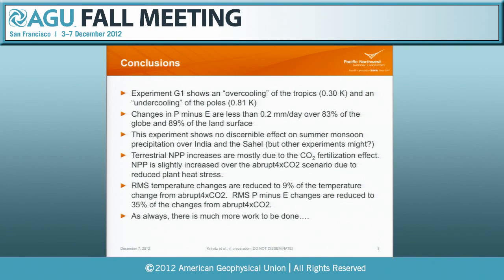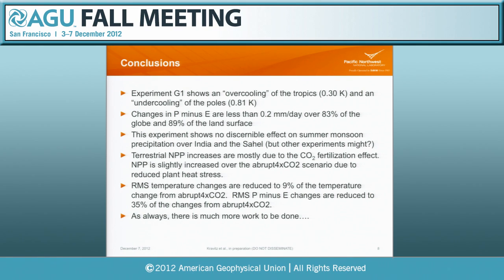This experiment shows no discernible effect on the summer monsoon precipitation over India and the Sahel, but that's not to say that's a robust feature of geoengineering. Other experiments might. Terrestrial NPP increases are mostly due to the CO2 fertilization effect, and we get a little bit more because of reduced heat stress.